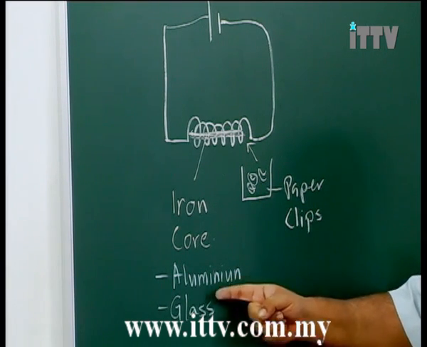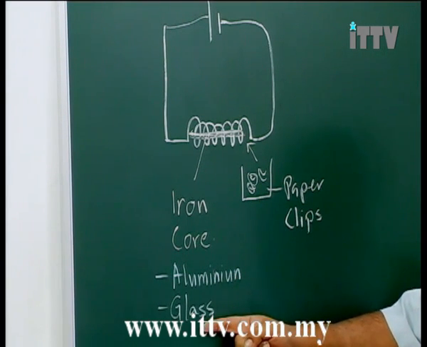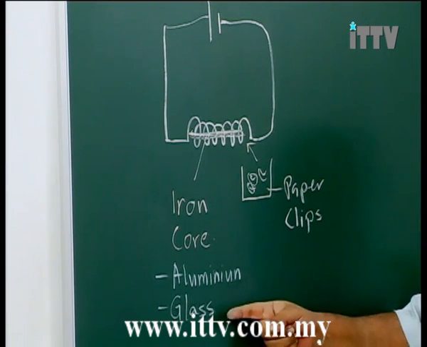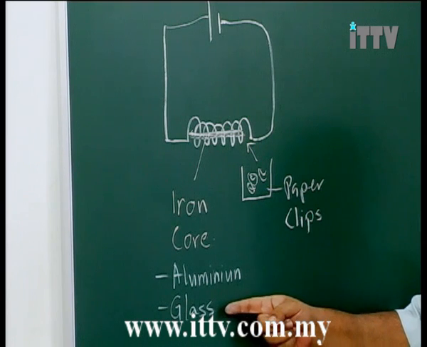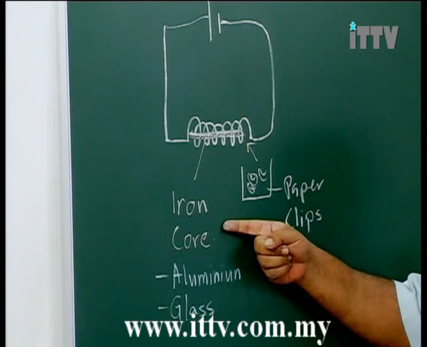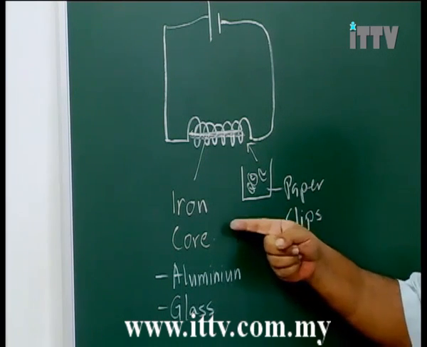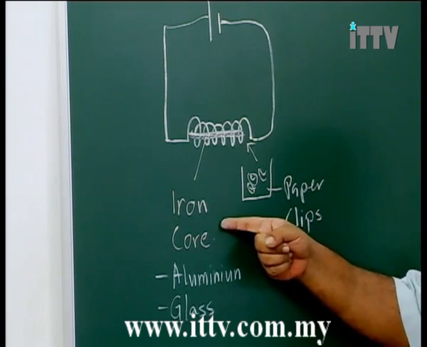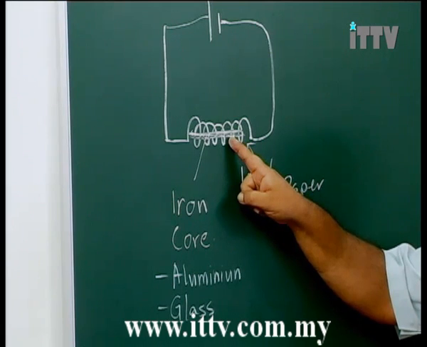With the aluminium and the glass, the number of paper clips picked up is significantly less. So, which factor increases the strength of the electromagnet? The factor is the iron core. Remember, iron is a magnetic material. By placing it inside the coil, we increase the strength of the electromagnet.